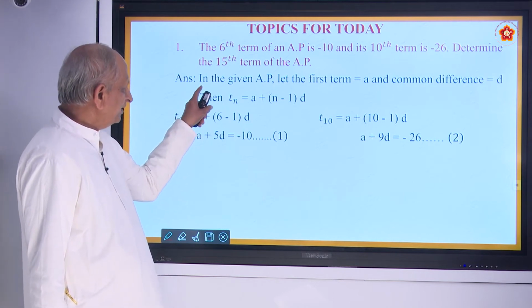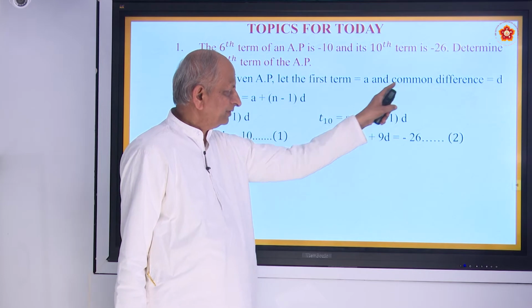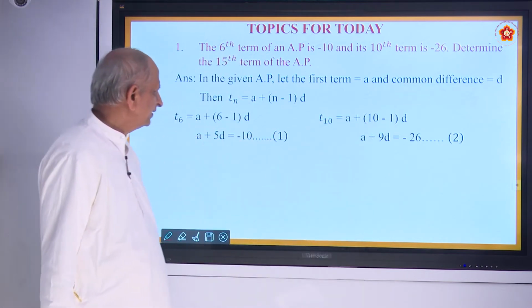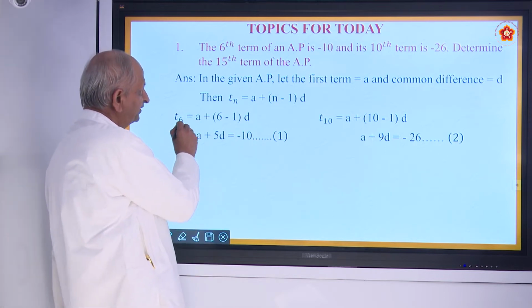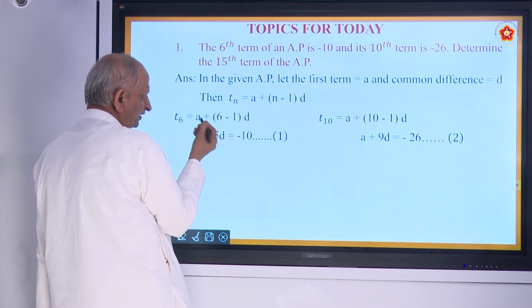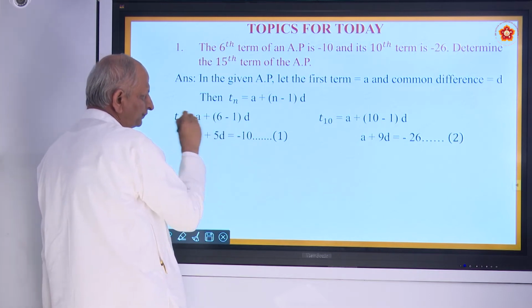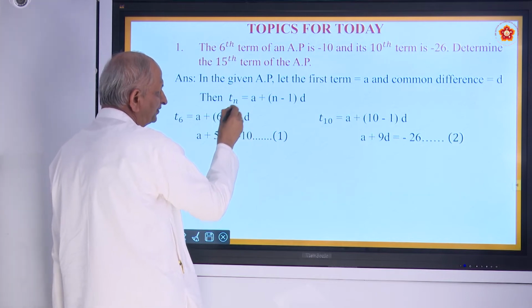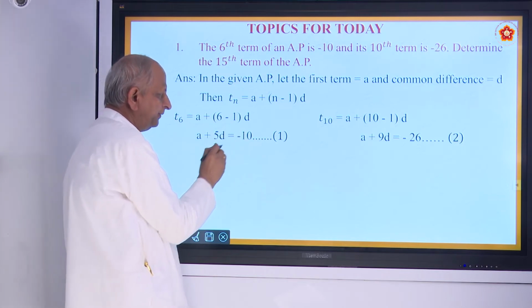In the given AP, we will take first term as A, common difference as D. Then Tn equal to A plus N minus 1 into D. T6 is given. Use that. N is how much? Sixth term means 6. So A plus 5D is equal to minus 10.